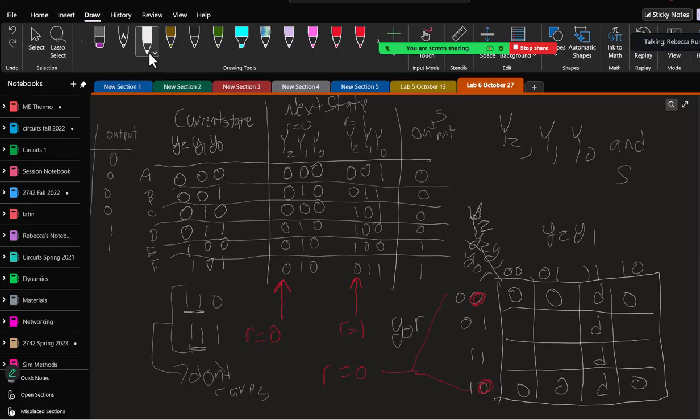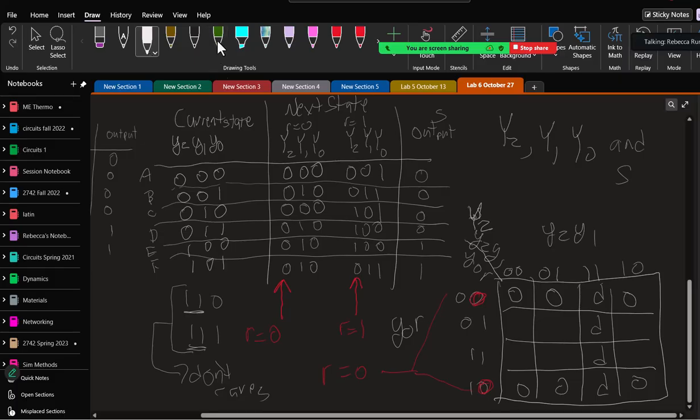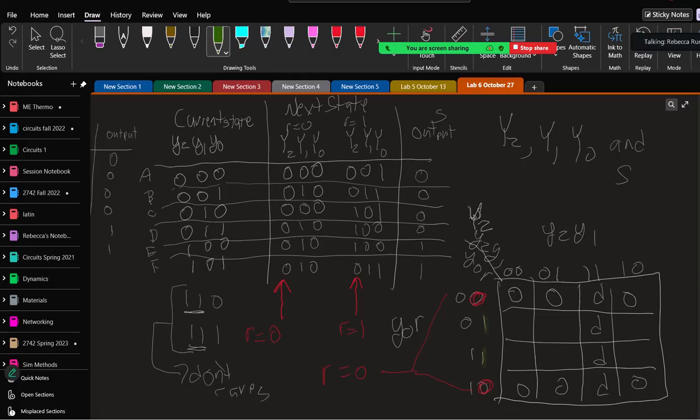Now let's look at where r equals 1. So r equals 1 right here and right here, in our first column.